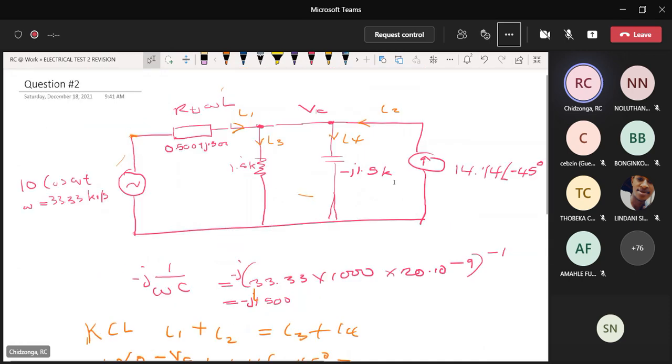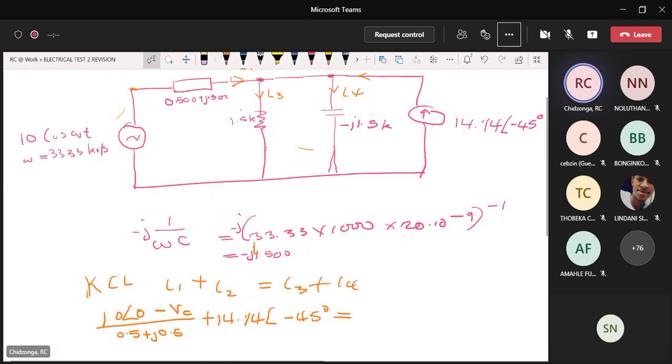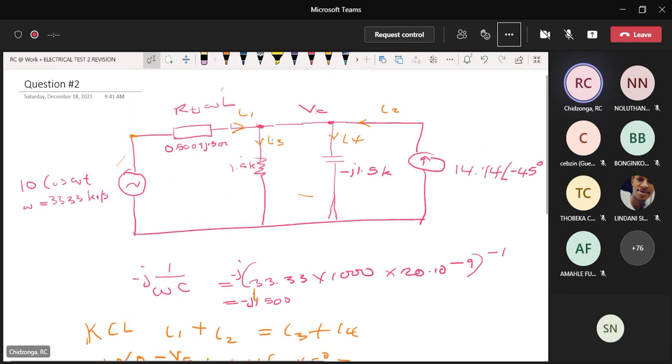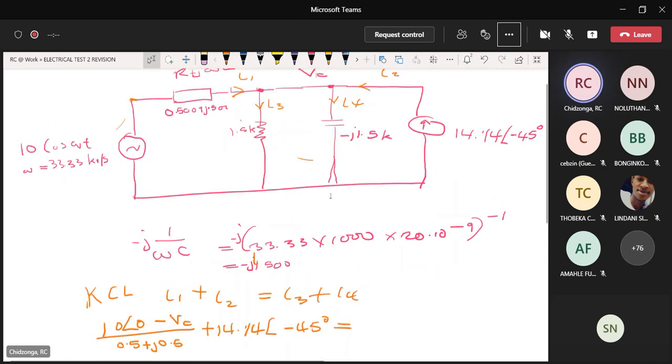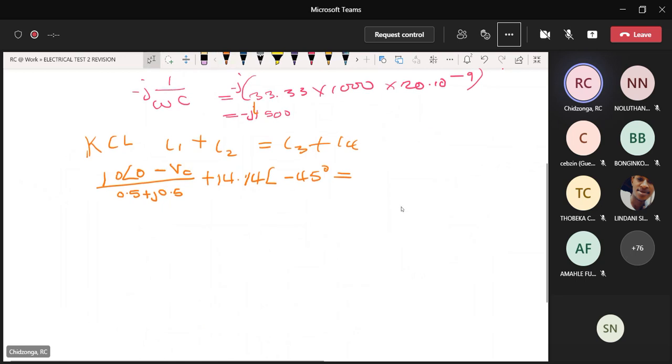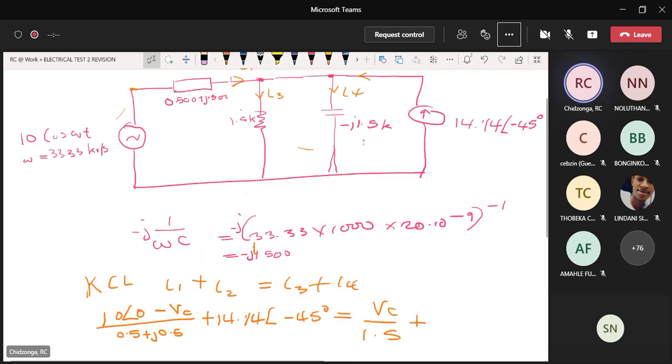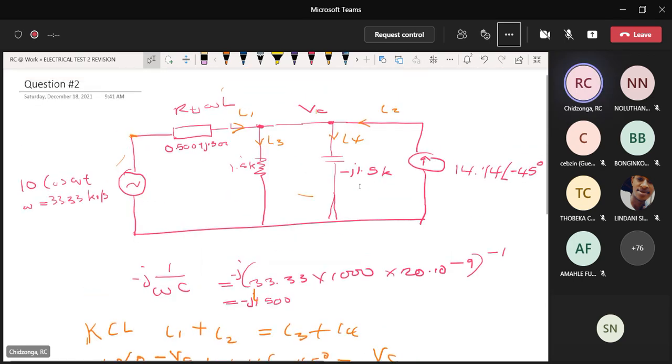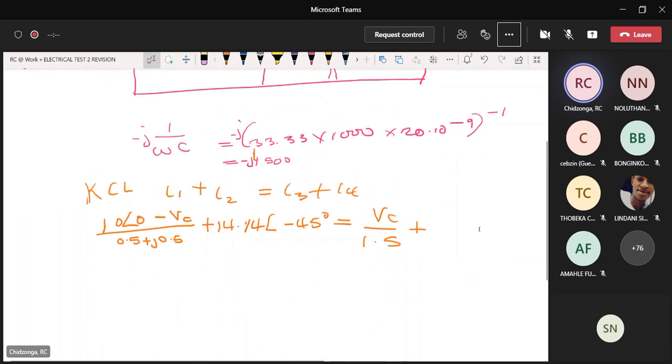Now these 2 branches here, of course, are in parallel. They've got a common voltage VC, and the current in each branch, you simply use Ohm's law for each. I3 is simply VC divided by 1.5. So this is VC divided by 1.5 plus, this is going to be VC divided by minus j15.